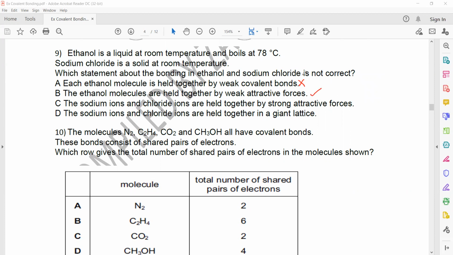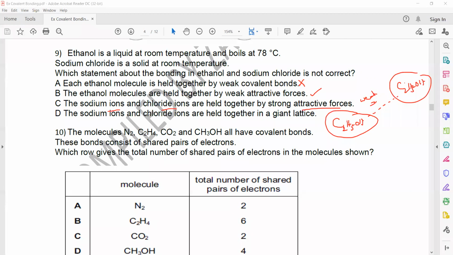That's true, because it's a covalent substance. Like this is one molecule of ethanol and this one is another, C2H5OH. These molecules have attraction, and this attraction is known as a weak attraction, but not a covalent bond.